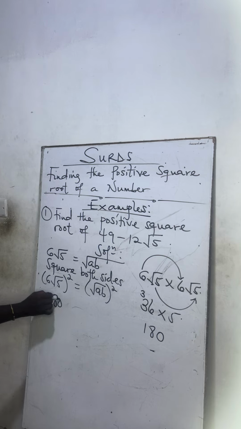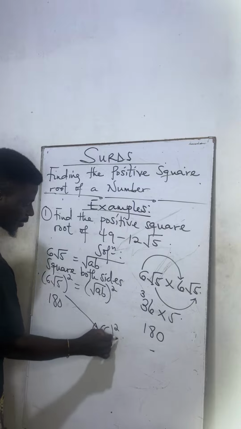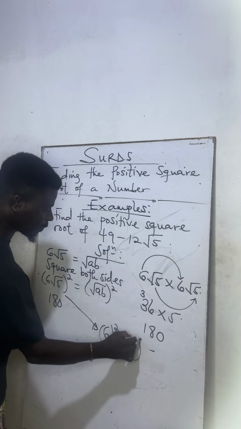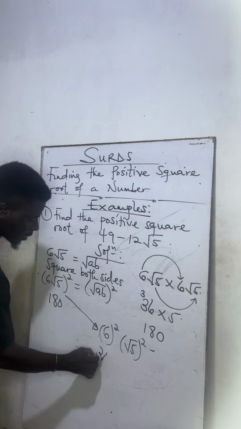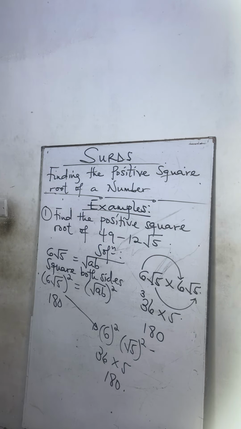Or better still, this is the same thing as 6 squared times square root of 5 squared, and we get 36 times 5, which will give us 180. So take note of this.